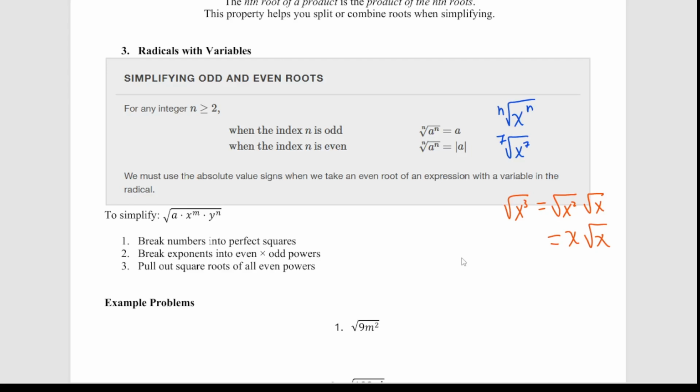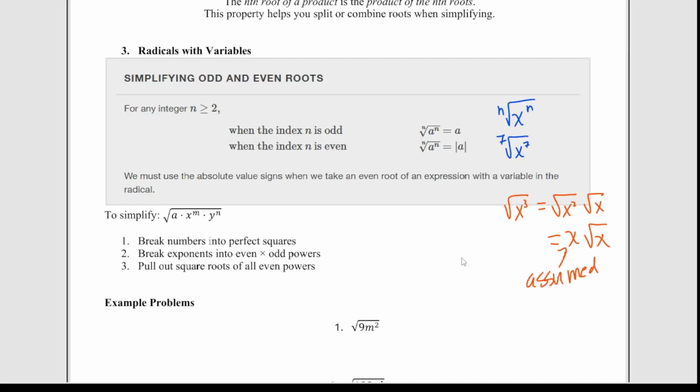Now technically what I just assumed there was that x is greater than 0, and a lot of times in these problems that's actually what we're assuming. Otherwise I would technically have to break out an absolute value of x instead. But typically that's a technicality a little bit beyond what you would normally encounter in an intermediate algebra course.